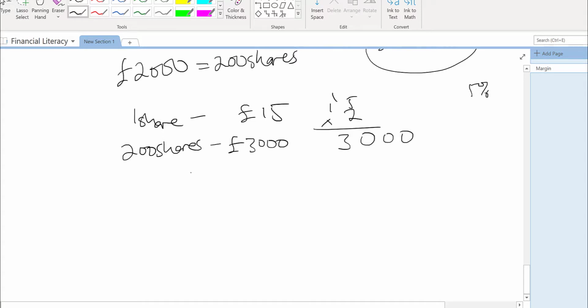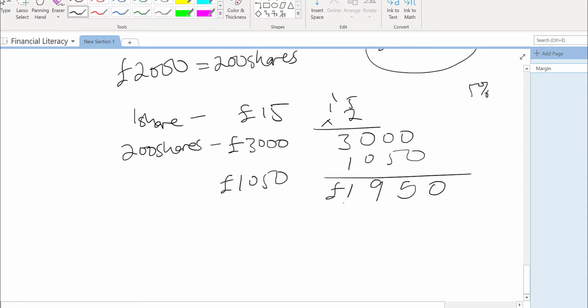Maybe there are other fees, I don't know, but let's just make it simple. You need to pay back 1,050 from what we did previously. So you subtract, and that will be how much money you have made from trading on the stock market, right? So that is how much you have made after you've paid them.